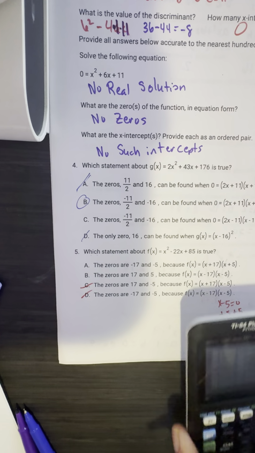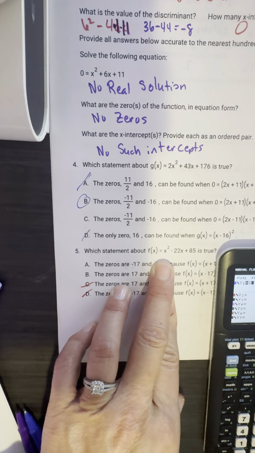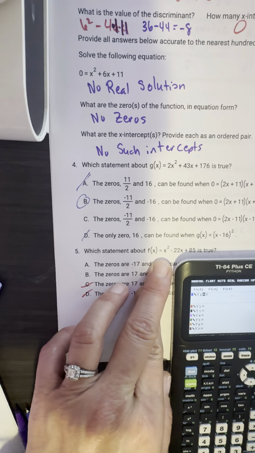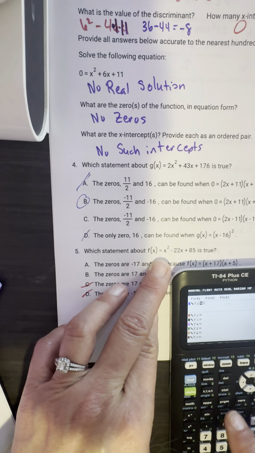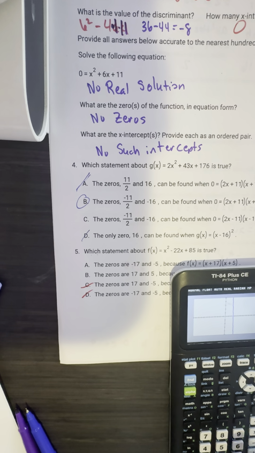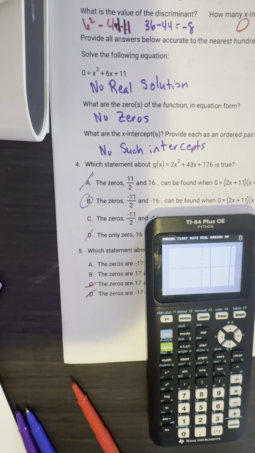Okay, so let's go ahead and graph this one. Y equals x squared minus 22x plus 85, and graph. Okay, so my solutions are both what? Positive.